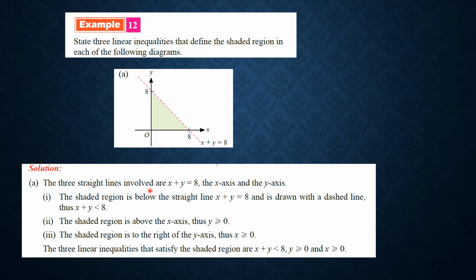The three straight lines involved are x plus y equal to 8, this one, which is one of the borders of the region. Next is y equals to 0, this one. Another one is this one.